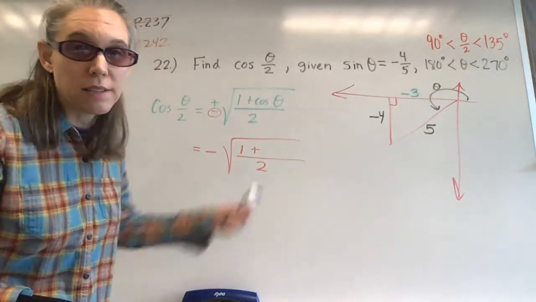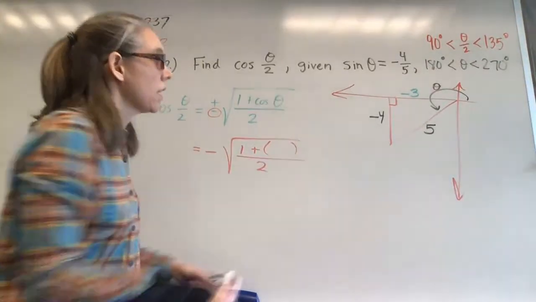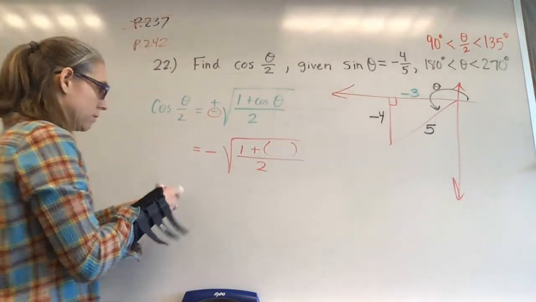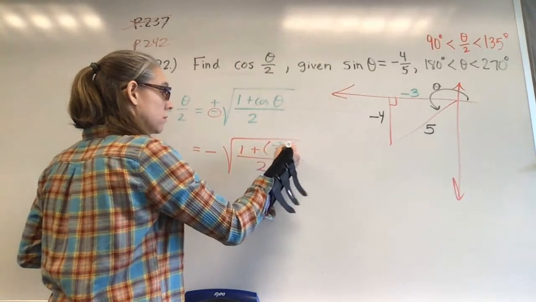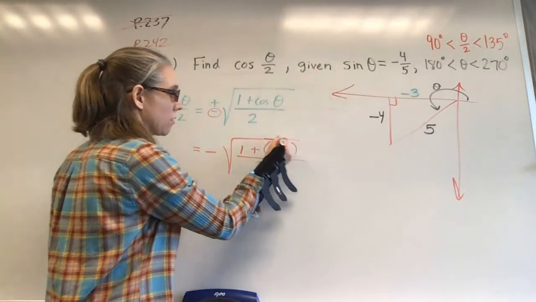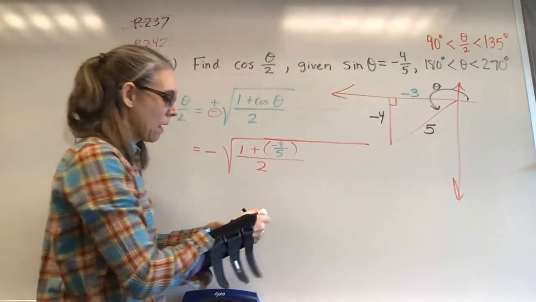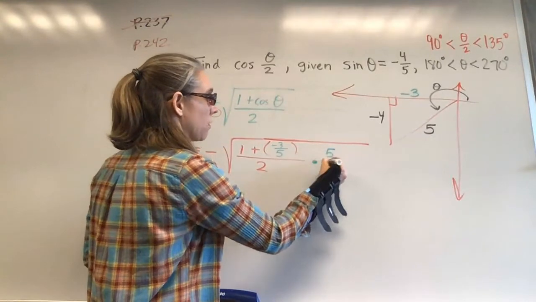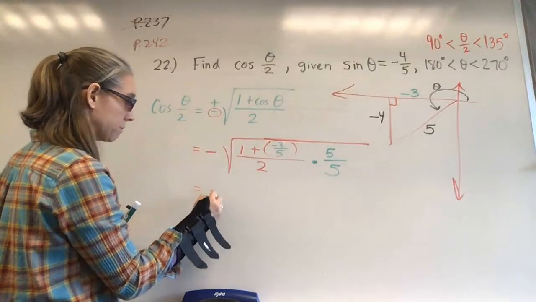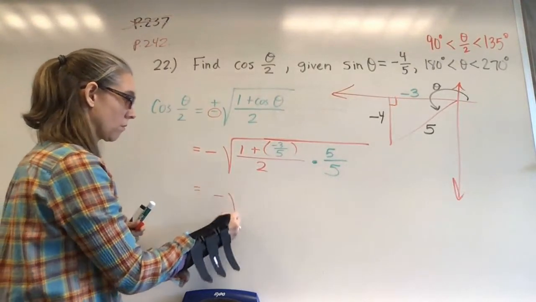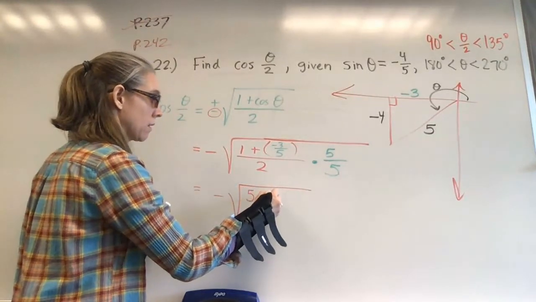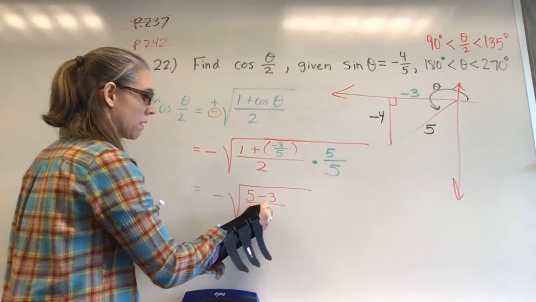So now I just replace the cosine of theta with negative 3 over 5. Here I have a complex fraction. I'm going to go ahead and extend this radical all the way out here, and then I'm going to multiply by a 5 over 5, and this gives us negative the square root of (5 minus 3) over 10, right?